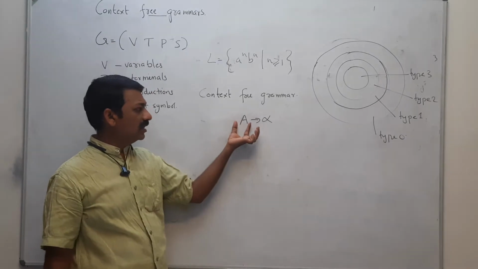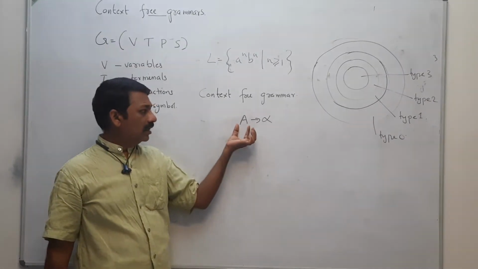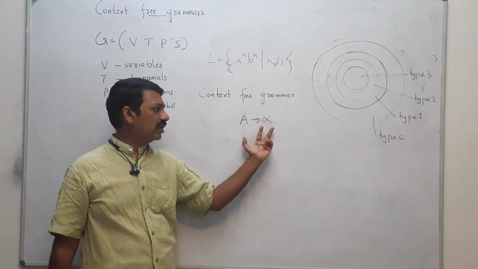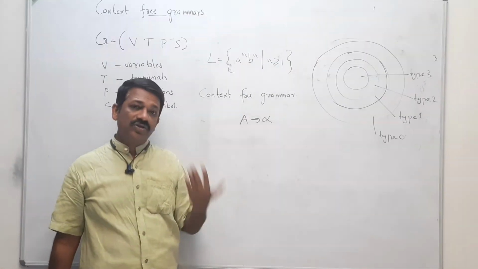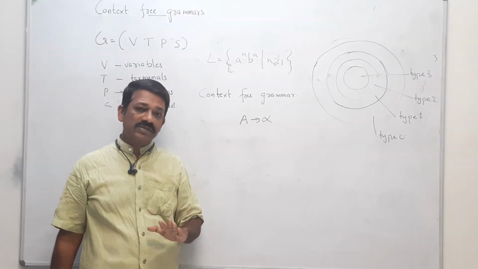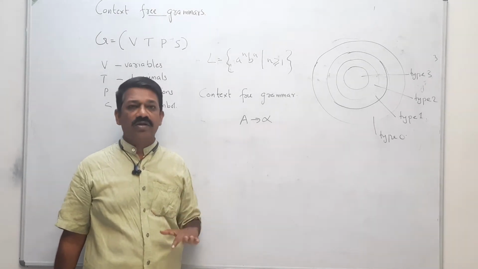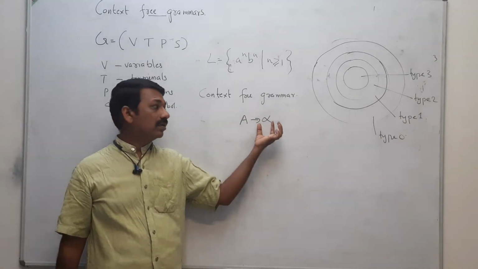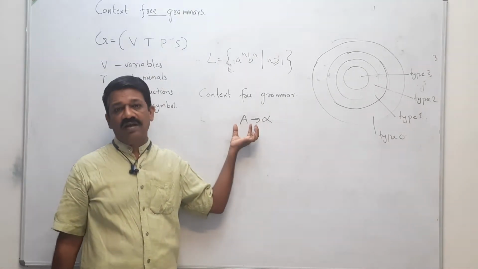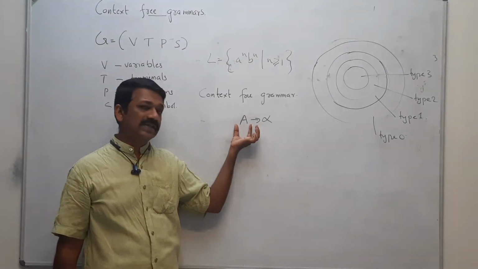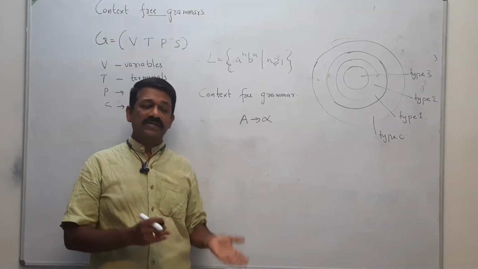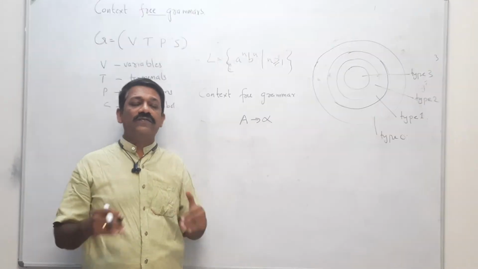Here the left hand side has a single non-terminal, and on the right hand side you have terminals, non-terminals, or both. So this is called a context free grammar.